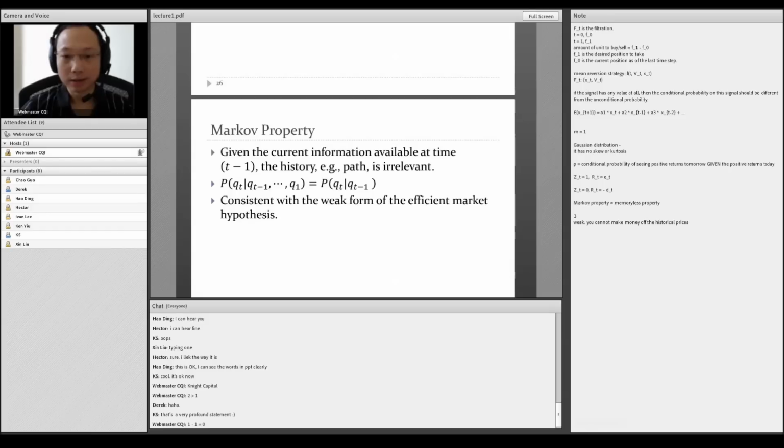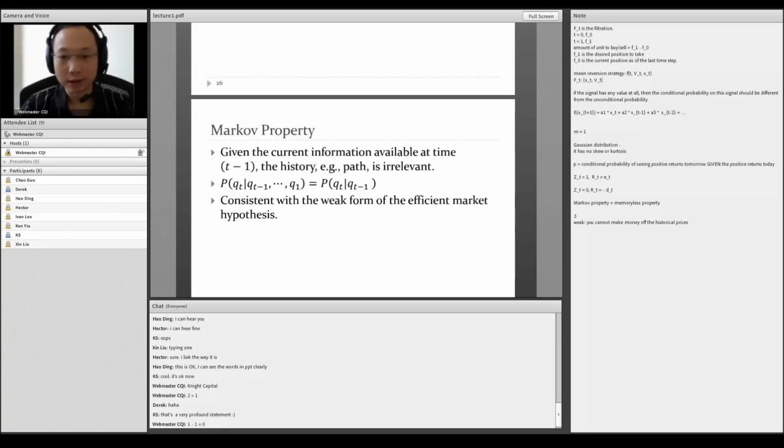Basically, it's saying the probability or the distribution for tomorrow's price depends only on the current price and not on the history of the prices. The weak form is saying that you cannot make money off the historical prices, because the history of prices is irrelevant.